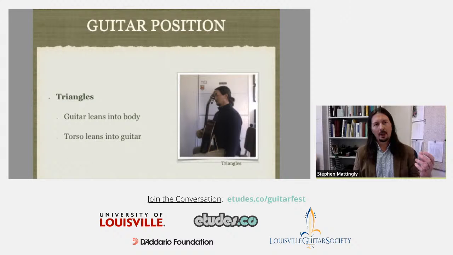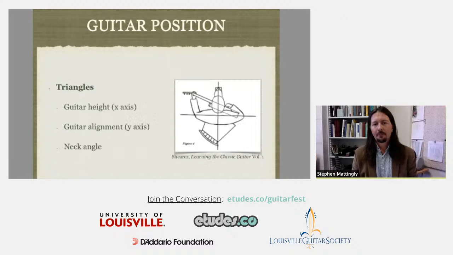And then here's another one that we're looking at. There is a triangle that you can see if you kind of imagine here. This is from Aaron Shearer's Learning the Classic Guitar. There is the performer. A common thing to suggest sometimes to free up the right leg would be to place the chair at an angle. Now, if you're looking at this bird's eye view, we see a couple of things about the performer that I would make slight adjustments to myself.